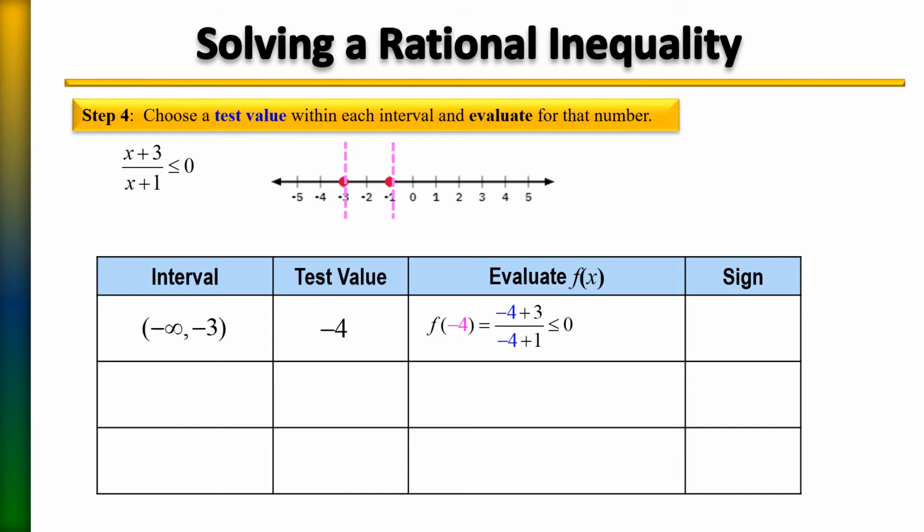So a negative divided by a negative, I don't care what the output is. I just want to know whether it is a positive or a negative output. And in this one, because a negative divided by a negative makes a positive, everything within that region is positive.